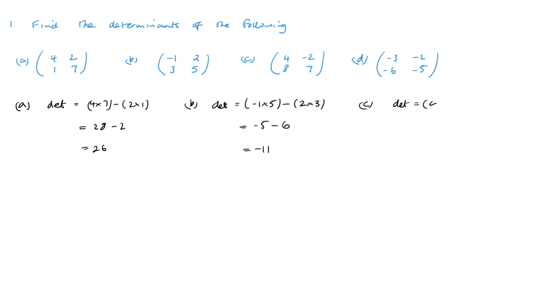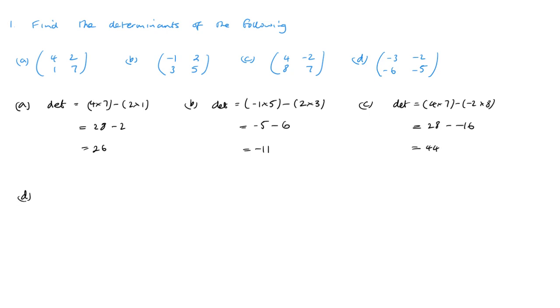Right, so the determinant is 4 times 7 minus 2 times 8. So 4 times 7 is 28 minus, and minus 2 times 8 is minus 16. So that's 28 plus 16, which is 44.